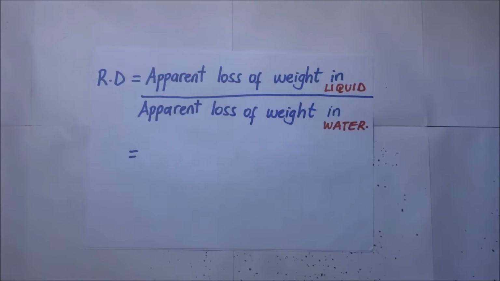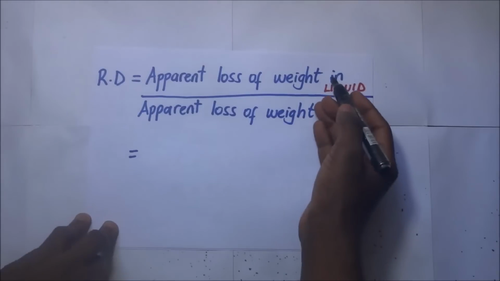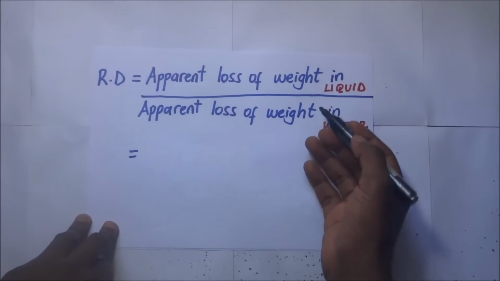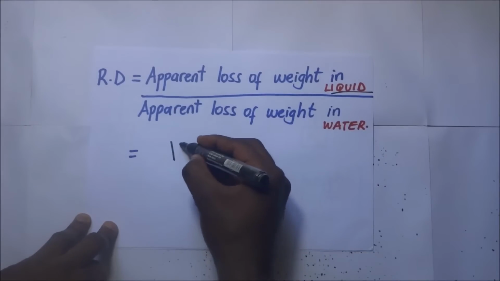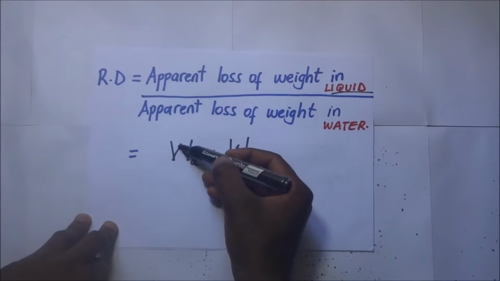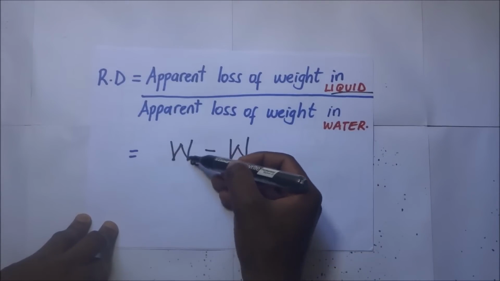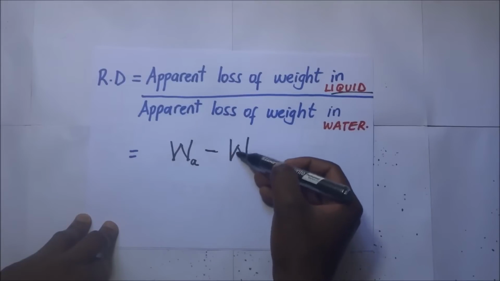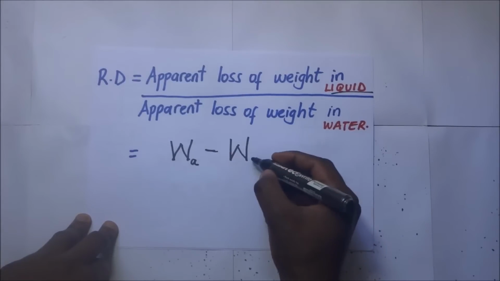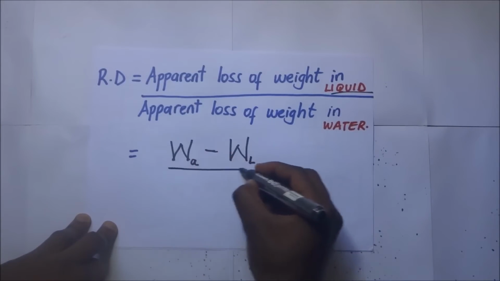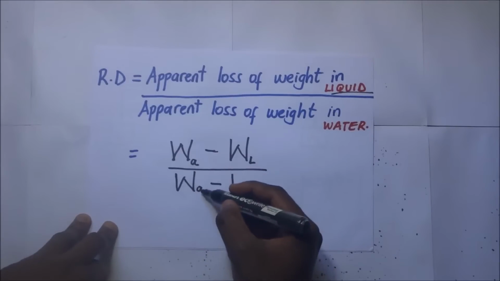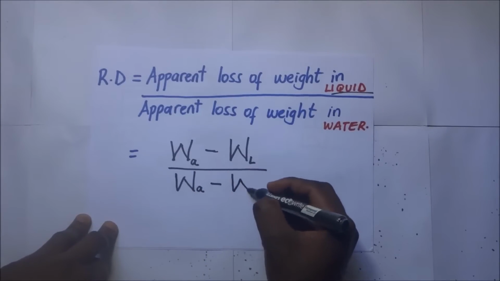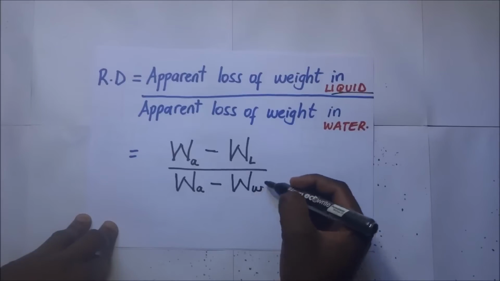If I may use abbreviations here, the apparent loss of weight of a solid in the liquid is the weight of the substance in air, minus the weight of the sinker when it is in the liquid, divided by the weight of the sinker in air, minus the weight of the sinker when it is in water.